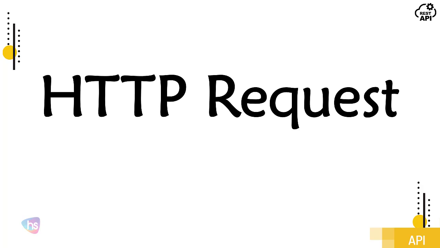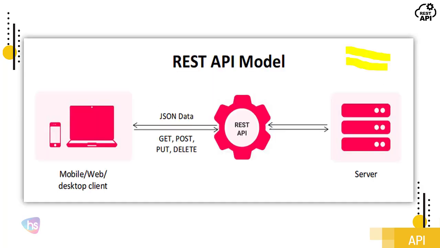What is an HTTP request and why do we need to use it in a RESTful Web API? Let's see. The REST API model basically looks like this. Once we are creating a REST API, in the middle part, on the left side, you may observe JSON data or JSON objects in the GET method, POST method, PUT method or DELETE.